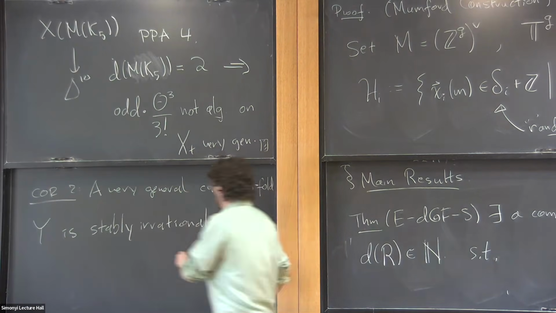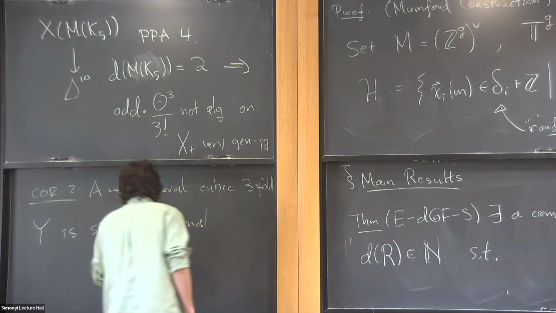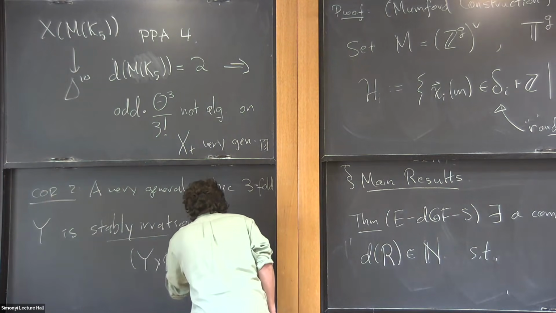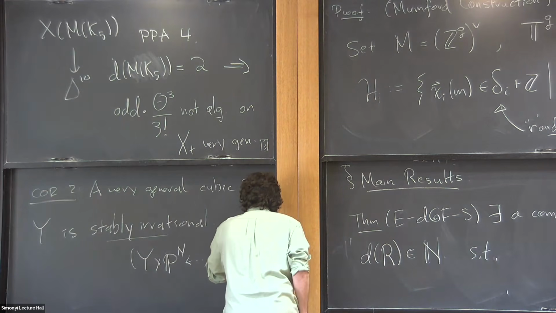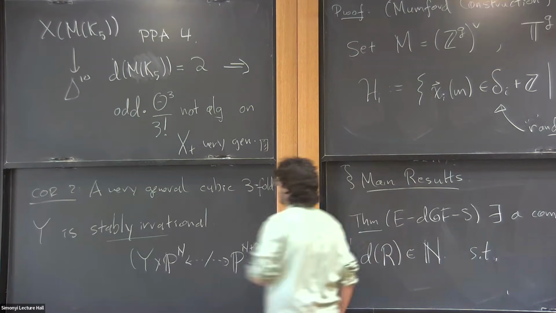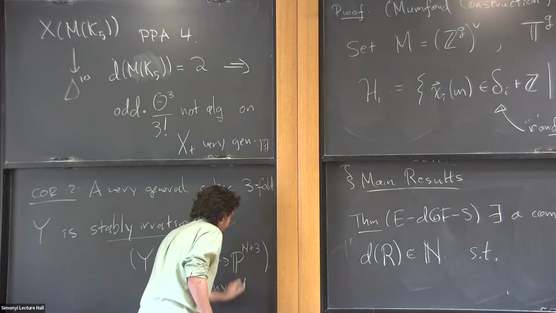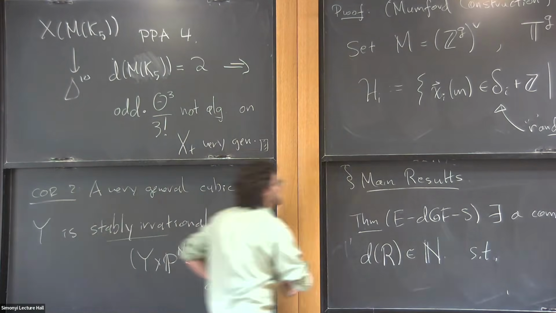Let's just define what stable irrationality is. It says that Y crossed with projective space P^n is not birational to projective space of dimension, well, in this case, 3 plus n, because we have a cubic threefold, for any n. Okay, so let's see how.